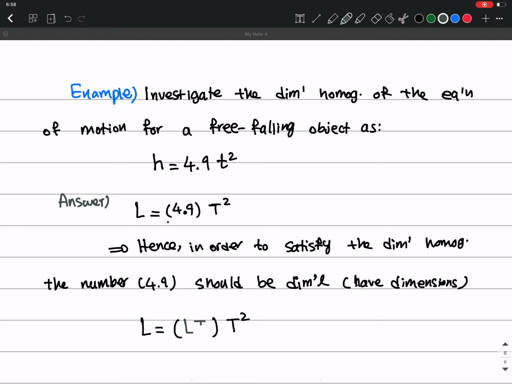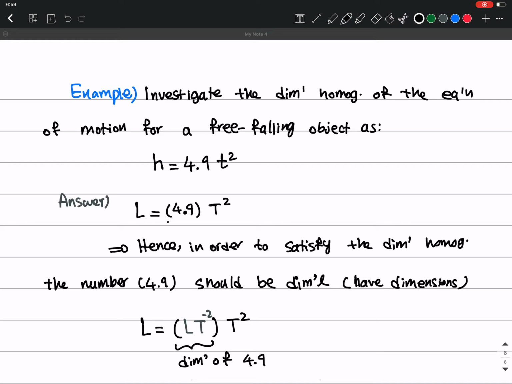Why? Because if that's correct, then these two are going to cancel out, and the dimension of the right-hand side is going to be L, the same as the left-hand side, correct? So this is the only way the dimensional homogeneity of this equation can be correct. So this is going to be the dimension of 4.9.